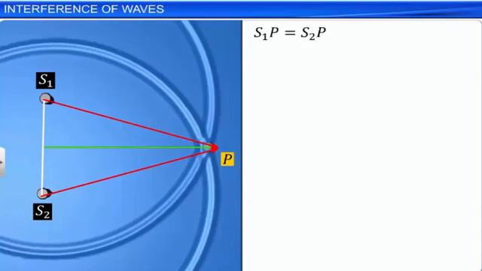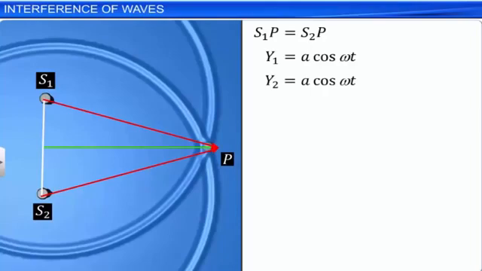If the displacement produced at P due to the waves generated at the source S1 is given by the equation y1 = a cos omega t, then the displacement at P due to the waves from S2 can also be represented by y2 = a cos omega t.